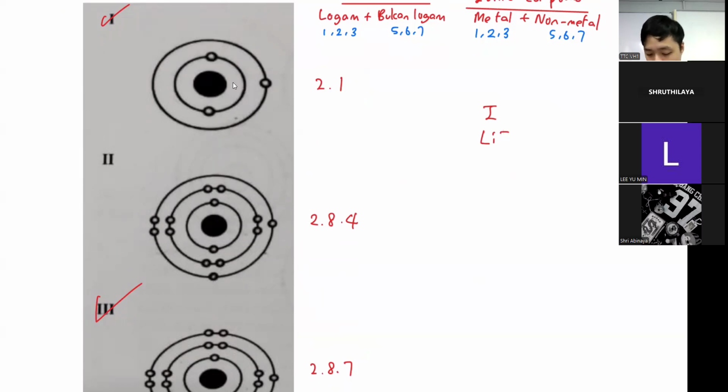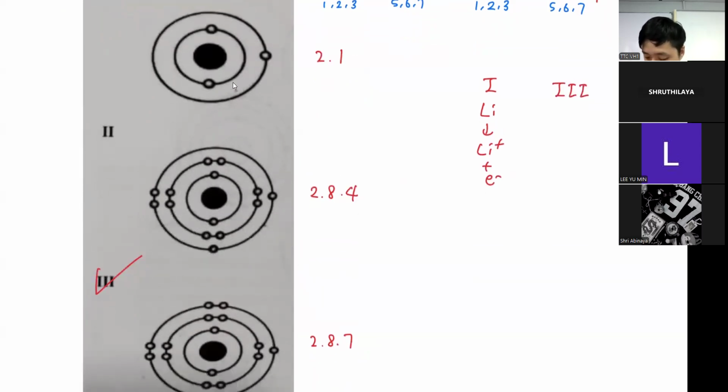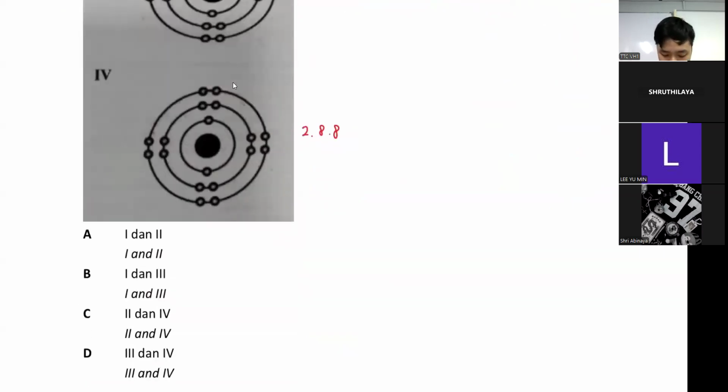Because Li donates 1 electron, you will get Li plus. The third one is chlorine, actually. So chlorine receives 1 electron, becomes Cl minus. So the Li plus attracts Cl minus, you get LiCl. An ionic compound. So answer is B.